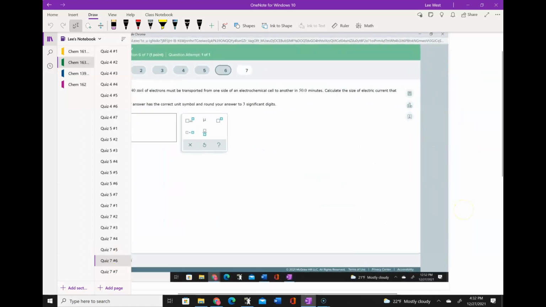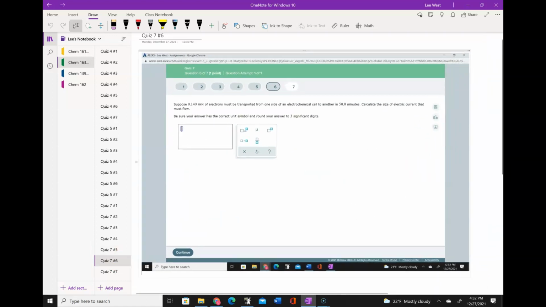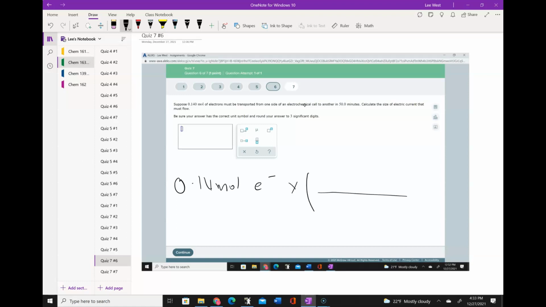All right, number 6. Suppose 0.14 mole of electrons must be transported from one side of an electrochemical cell to another in 50 minutes. Calculate the size of electric current that must flow. This is using Faraday's constant, all right? So if I've got 0.14 mole of electrons, I know that I get 96,485 coulombs for every 1 mole of electrons.